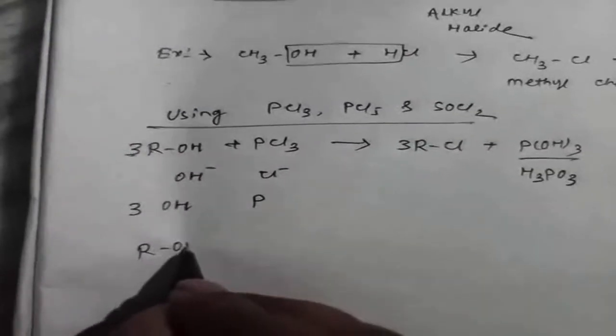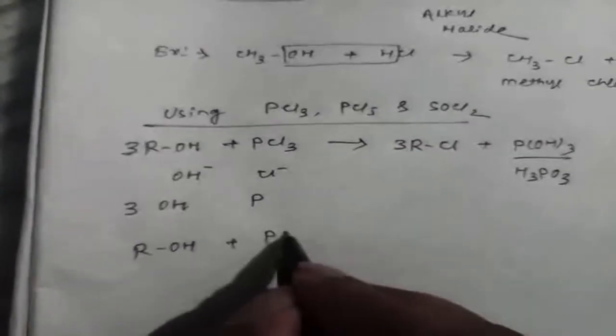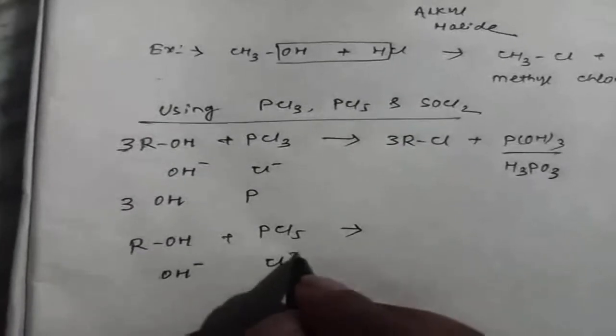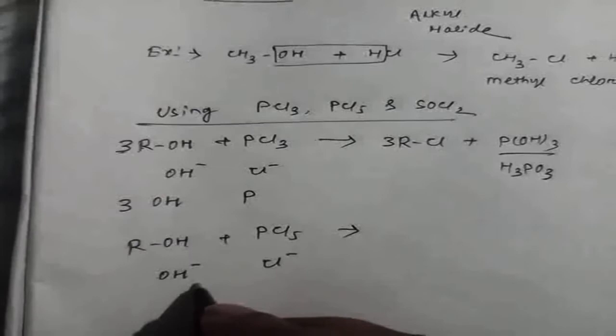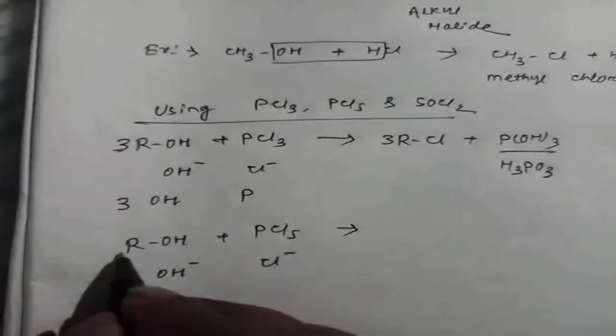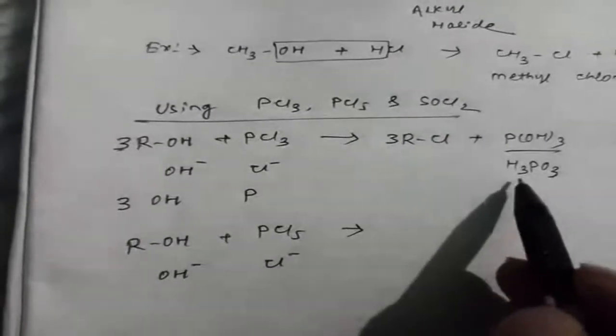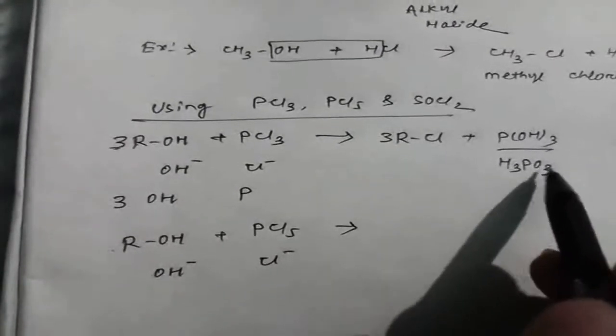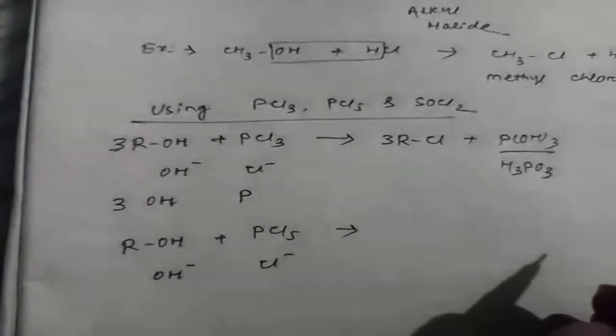Similarly, ROH reacts with PCl5, OH minus, Cl minus interchange, nucleophilic substitution reaction, but here 5 cannot be multiplied, because if we multiply 5 here, then the product is H5PO5, which cannot exist.